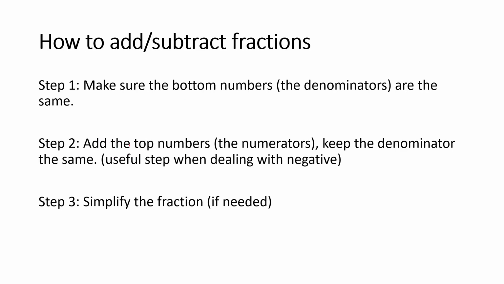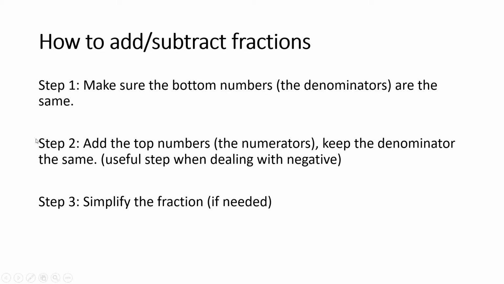Now there are 3 steps to adding and subtracting fractions, because that's the main topic of this section. First step: make sure the bottom numbers, i.e. the denominators, are the same. Step 2: add the top numbers, the numerators, and keep the denominator the same.